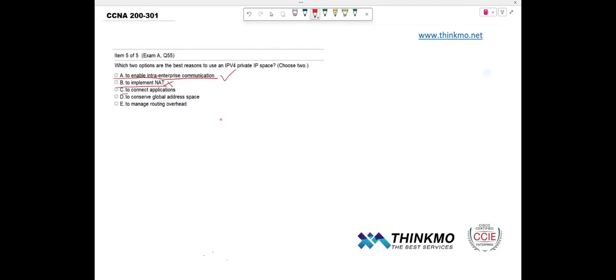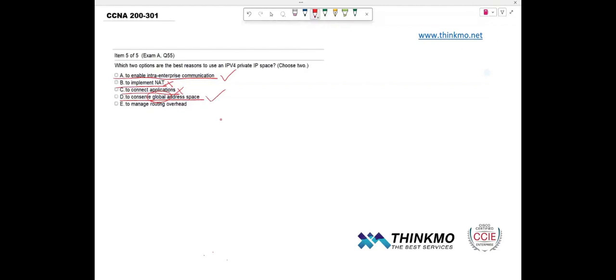Then for connecting applications, the public address of IPv4 can also connect, and IPv6 addresses can also connect, so this is incorrect. To save global addresses, to save public addresses, this option is correct, as IPv4 addresses are already exhausted.